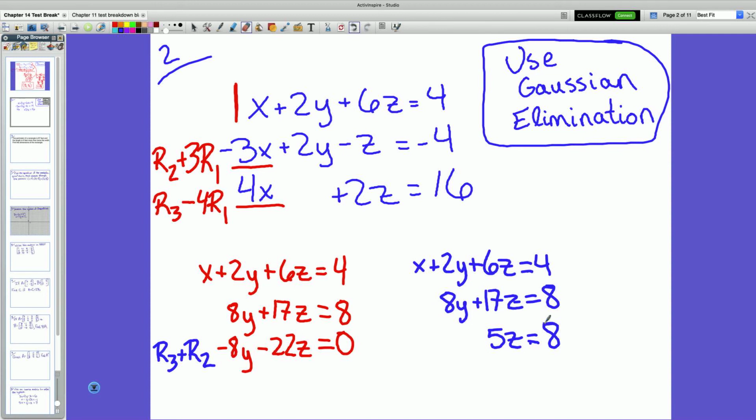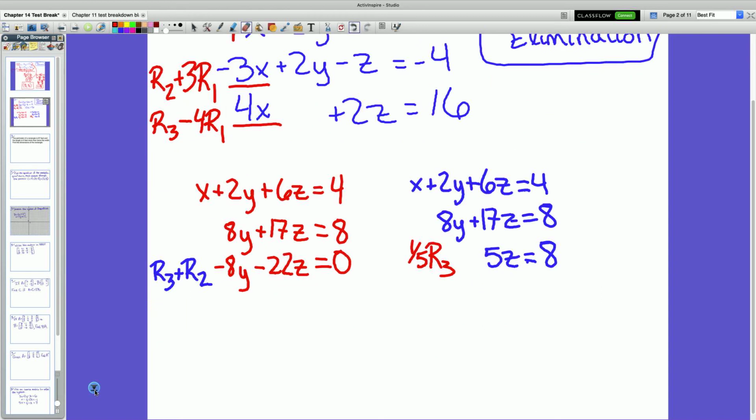Okay. So then I'm going to go ahead and get my fraction for z here. So I'm going to take 1/5 of row 3. So my top 2 rows aren't changing. Well, I should take 1/8 of row 2 so that I get a leading one here. Okay, so we can go ahead and do that at the same time.